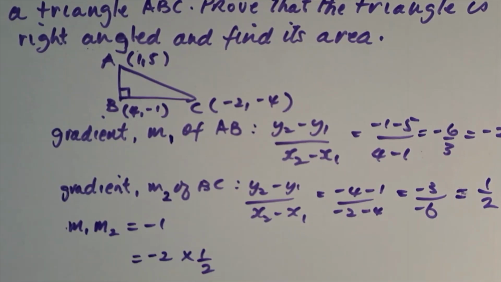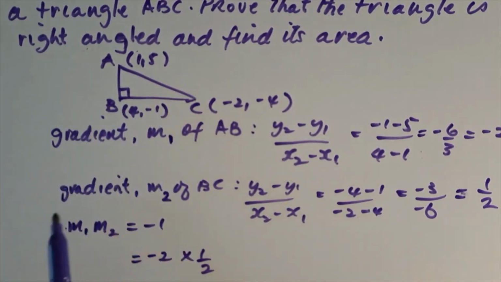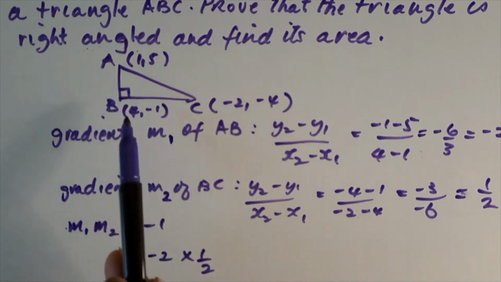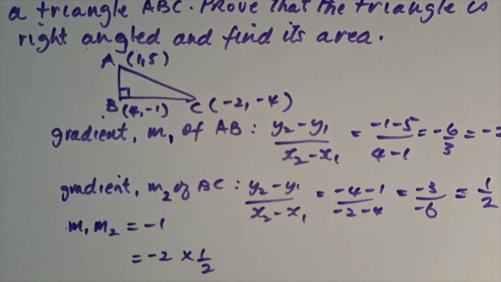So we've proven here that AB is perpendicular to BC, so we can assume that this triangle is a right-angled triangle, with the indication that that's 90 degrees at this point. But we can do more.